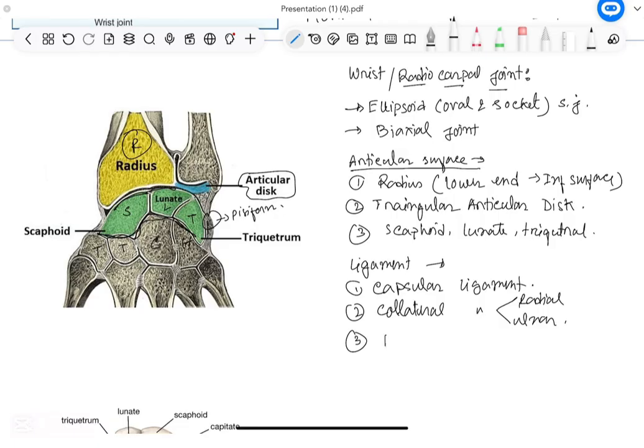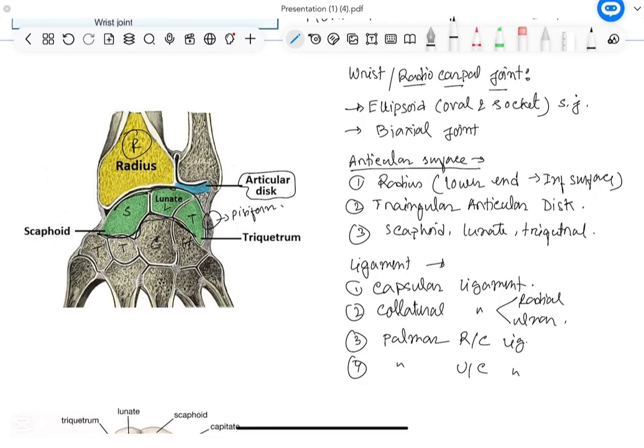Then the palmar radiocarpal ligament is there. I am writing in shortcut. The palmar ulnocarpal ligament is also there.